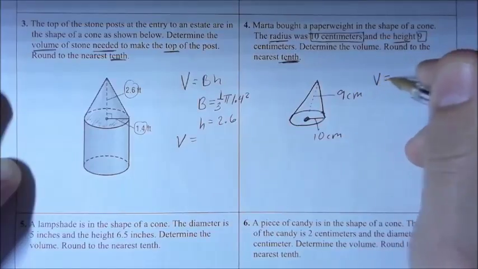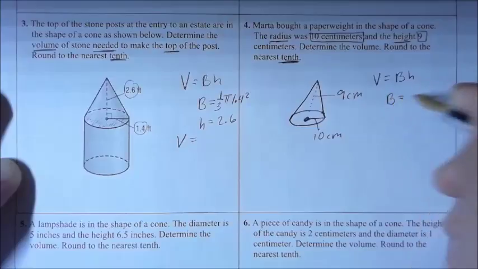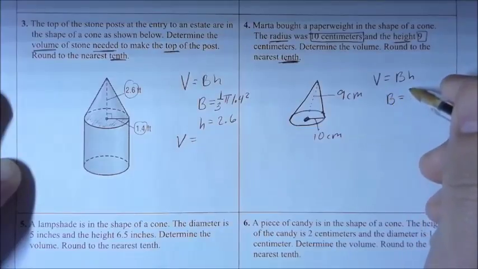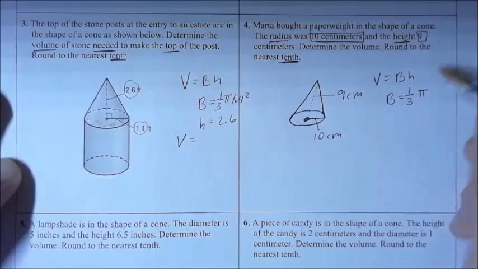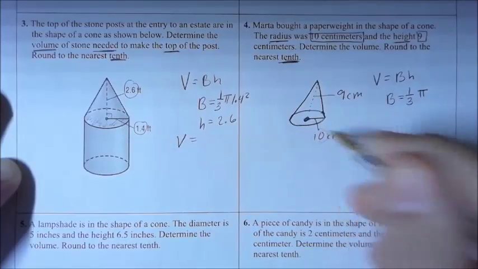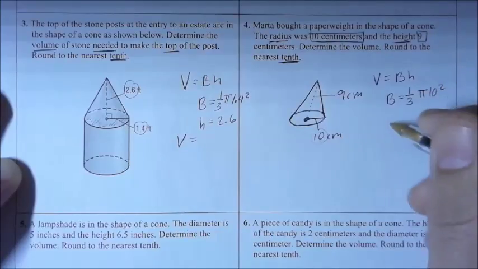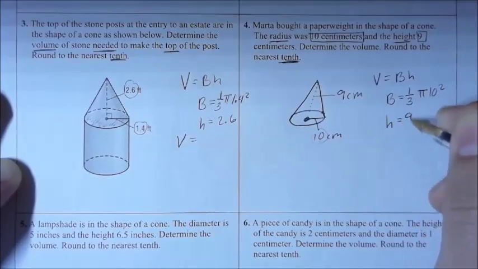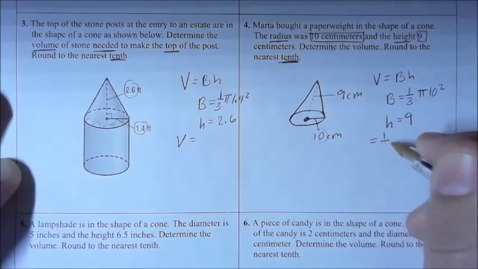So we got V equals big B times H. Big B is equal to 1/3 times pi times the radius, which is 10 squared. H is equal to 9, because that's my height up and down. And now I just need to bring it together.